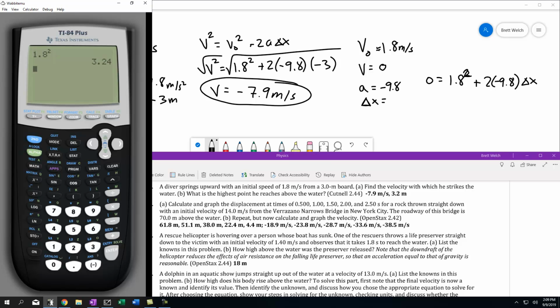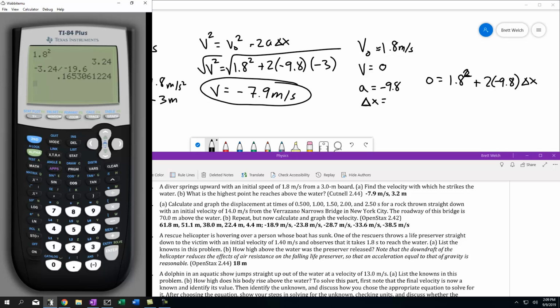Okay, I need the negative of that. And then I want to divide that by the 9.8 times 2, which is 19.6. So I'll use a negative 19.6. And that gives me a delta x of 0.165, which seems wrong. What did I do wrong?